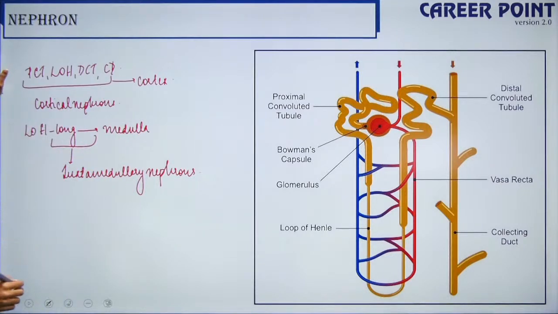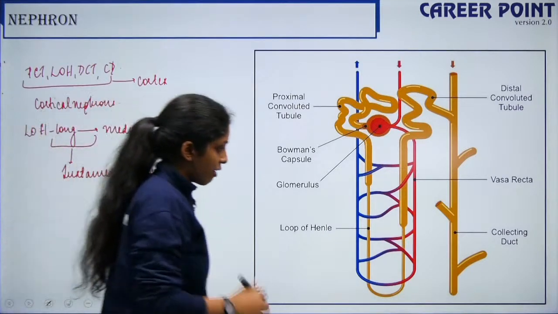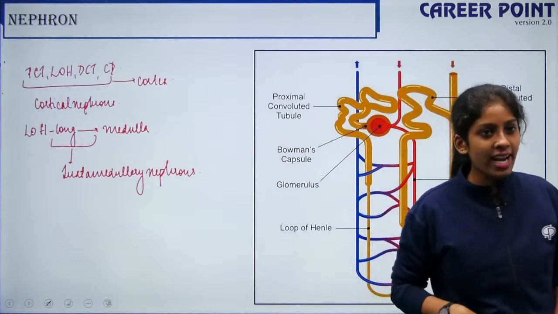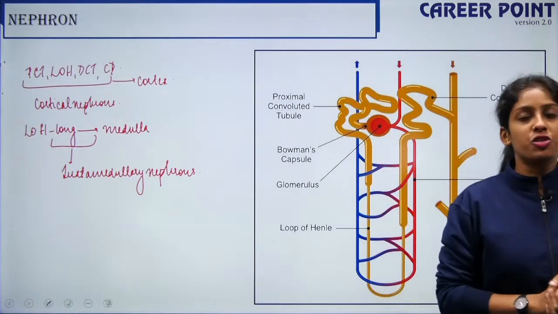So usually when your loop of Henle, PCT, DCT and collecting duct are present in the cortex region, the nephron is known as a cortical nephron. When the loop of Henle is long enough to extend into the medulla, it is known as a juxtamedullary nephron. Clear? Right? So we are done with the structure of the kidney.